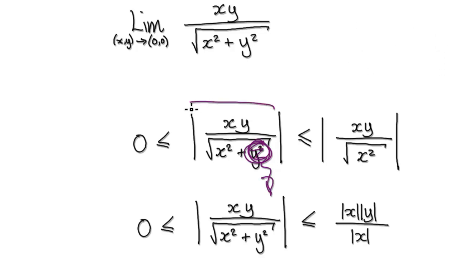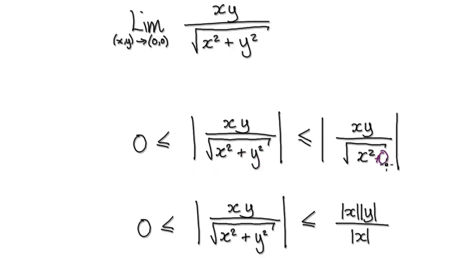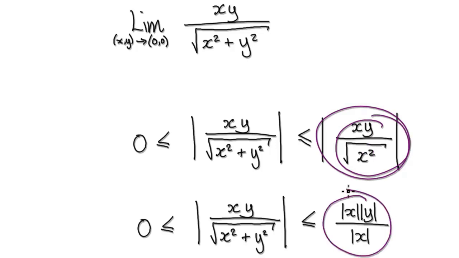So we can say that this thing here will be smaller or equal to this thing here, because I've removed a positive amount here, so therefore this fraction should be bigger or equal to this fraction. Well, anyway, currently we are here, so taking the absolute value of this whole thing is the same as taking the absolute value of this, and this represents the absolute value anyway. So this thing here is pretty much the same as this thing here.